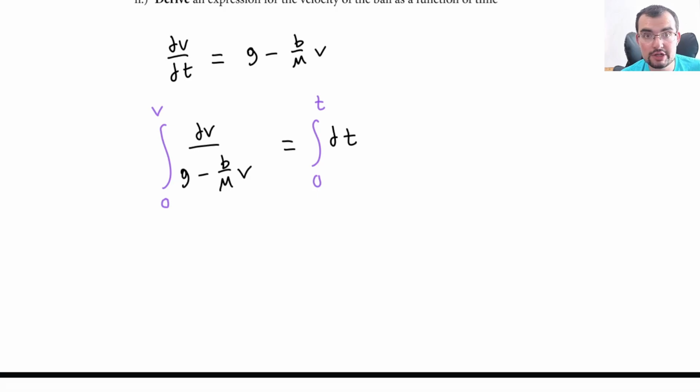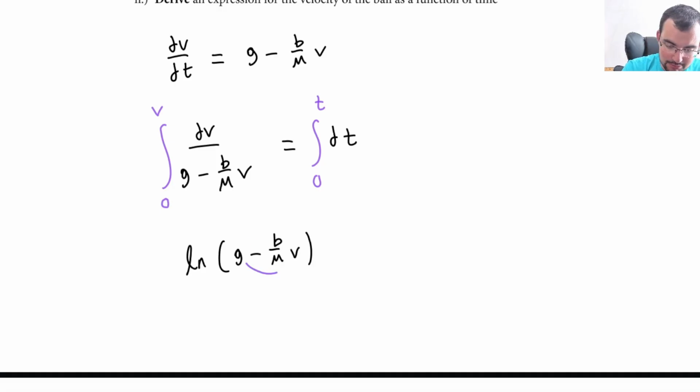So we just have to do the reverse chain rule. We know that if it's a 1 over x object, the antiderivative will be ln of the stuff. But remember that if you ever have any constants multiplied by your variable, we have to do division after we take an antiderivative.